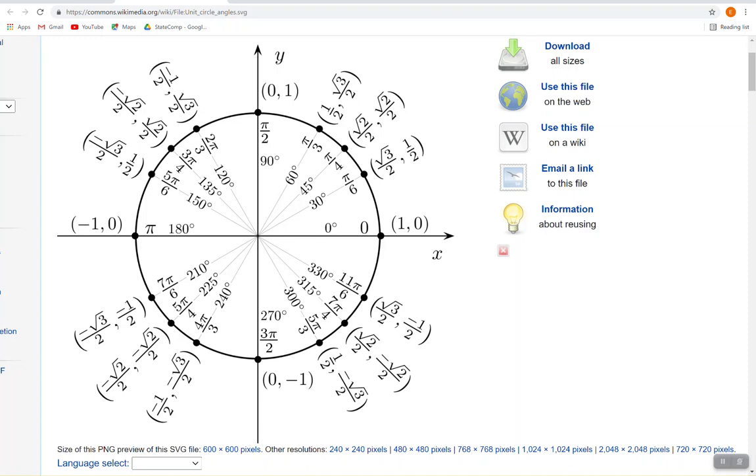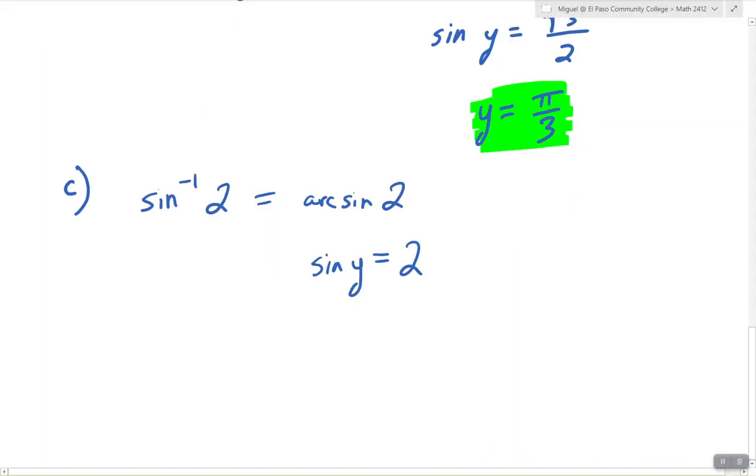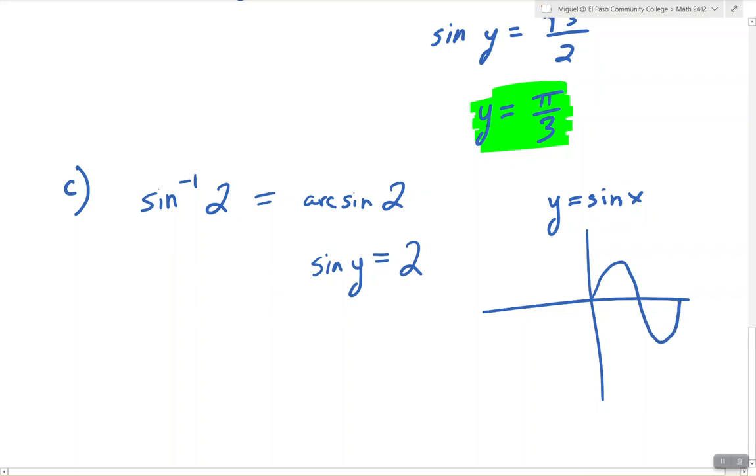All right, let me put it this way. When I look at the side graph, right, we said it looks like this. What is the maximum and minimum? 1 and -1, right?